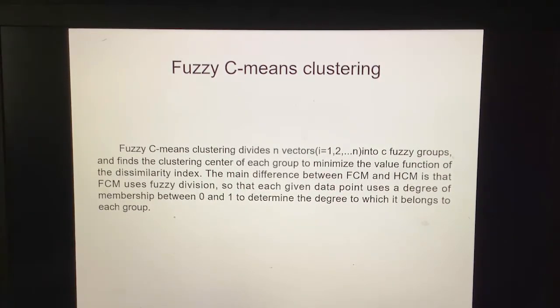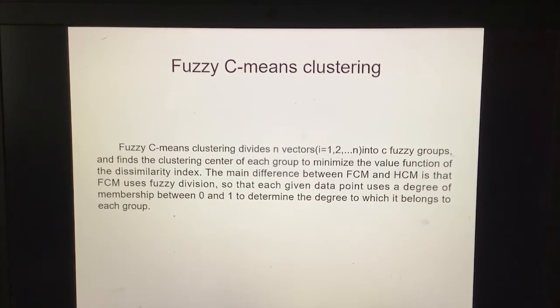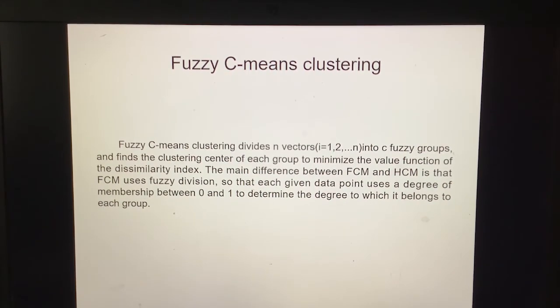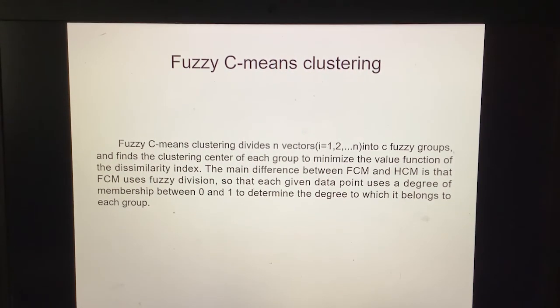The main difference between FCM and HCM is that FCM uses fuzzy division, so that each given data point uses a degree of membership between 0 and 1 to determine the degree to which it belongs to each group.